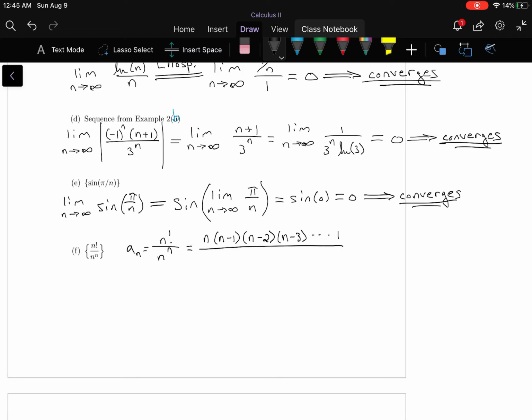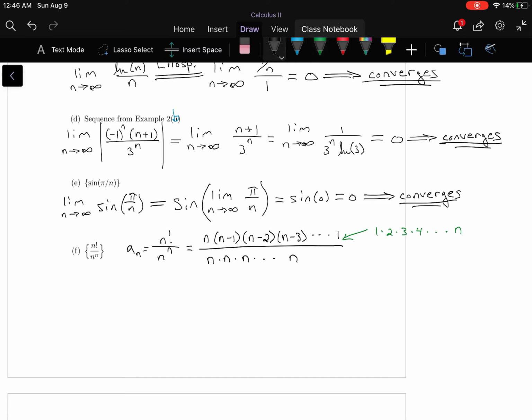And you've got n times n times n and that you have n values on bottom. Now notice that this numerator we also could have viewed as 1 times 2 times 3 times 4 all the way up to n. And that is going to actually be a more useful way of perceiving this.